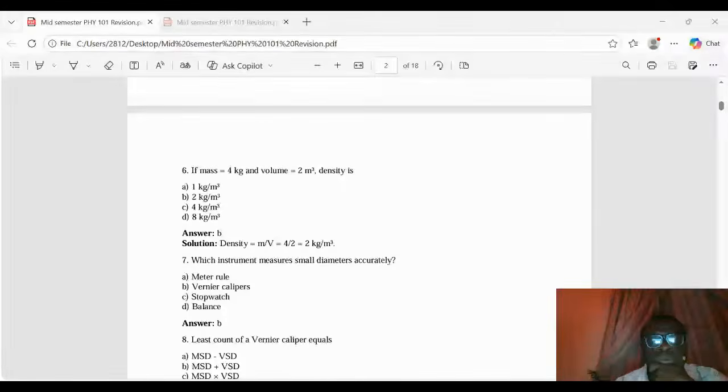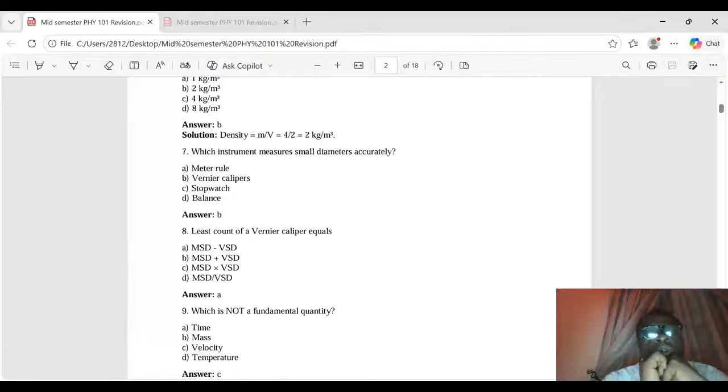So we move on to which instrument measures small diameter accurately? The options are A, meter rule, B, vernier calipers, C, stopwatch, D, balance.